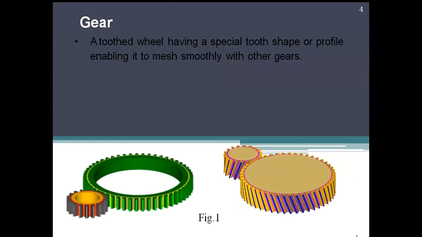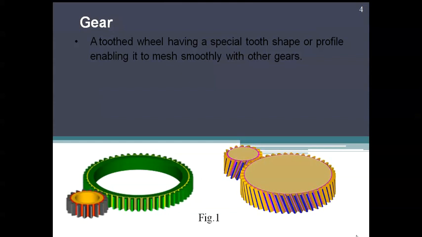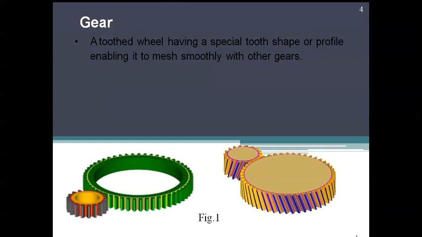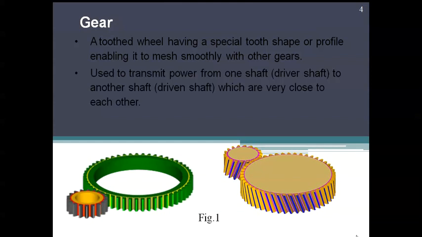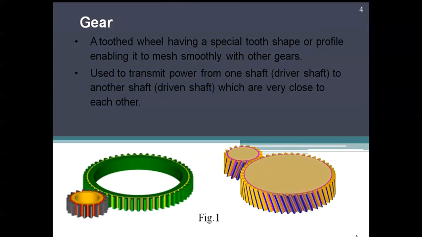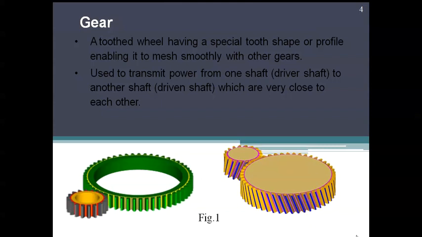These two gears must have a common profile so that the power transmission takes place smoothly. It is used to transmit power from one shaft to another shaft which are very close to each other.